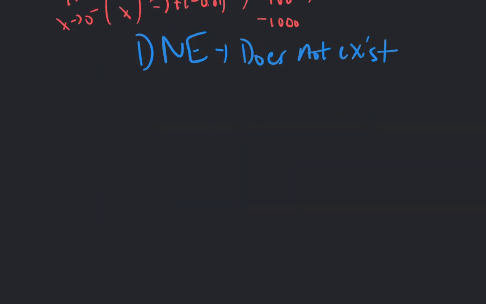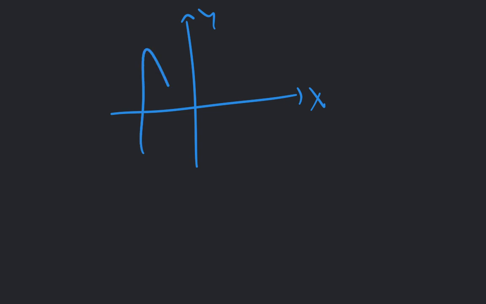Sometimes, however, we'll have a graph where there doesn't seem to be continuity. Continuity in mathematics basically means that we can draw the function without ever lifting our pencil.